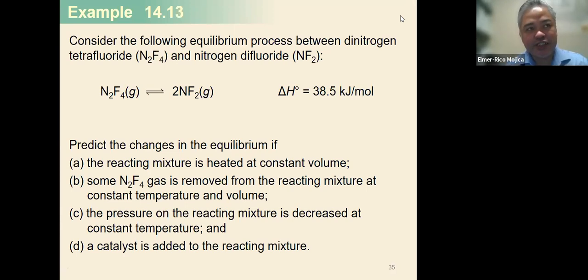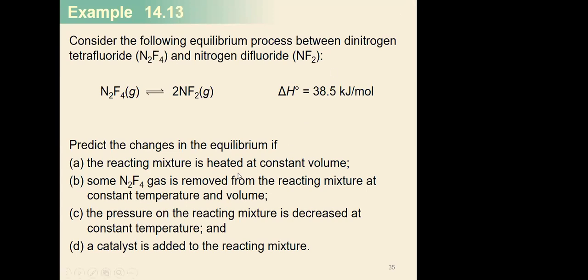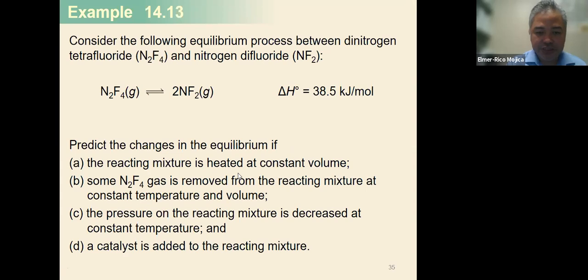Is this exo or endo? Endo. Okay, so this is an endothermic reaction. Let's look at what will happen, the changes in the equilibrium. It's just either forward or shift to the right, or backward or shift to the left. The reacting mixture is heated at constant volume. So what will happen?